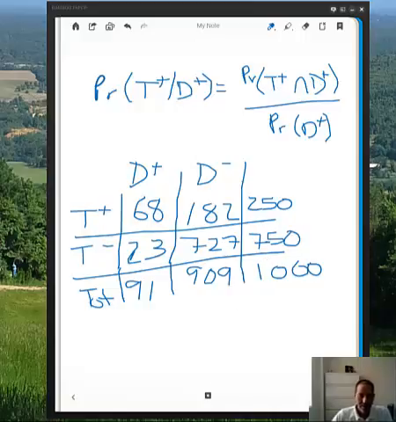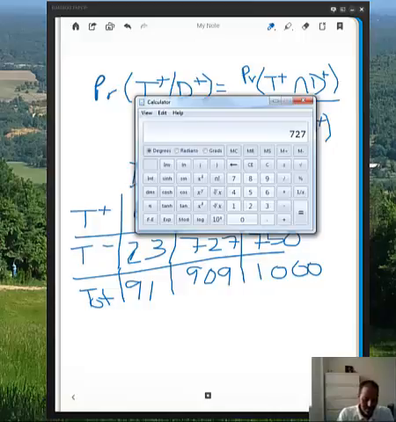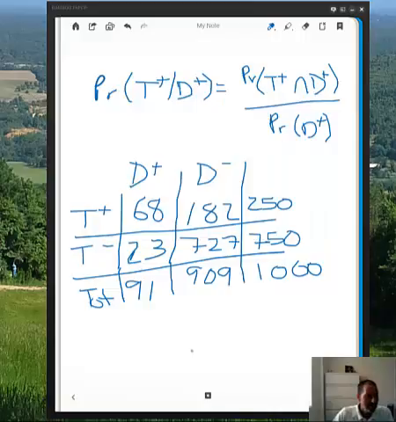So we take 68 divided by 1,000, and that will give us 0.068. Let's write that down here somewhere.